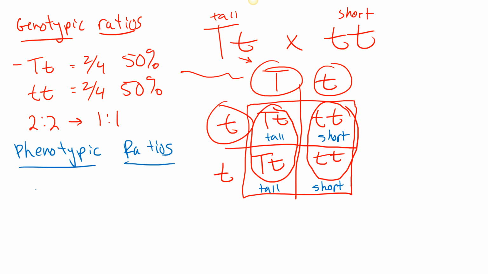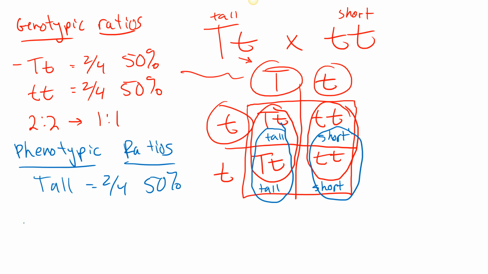That's what happens when you write faster than you think. What are the different types of phenotypes? Well, I have tall and I have short. I have tall, 2 out of 4, which is 50%. And I have short, 2 out of 4, 50%.